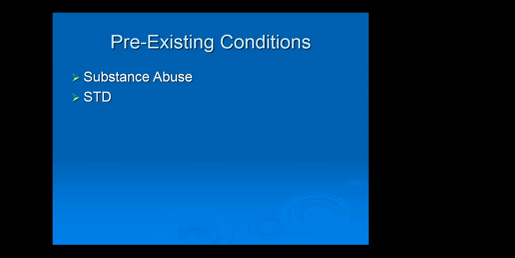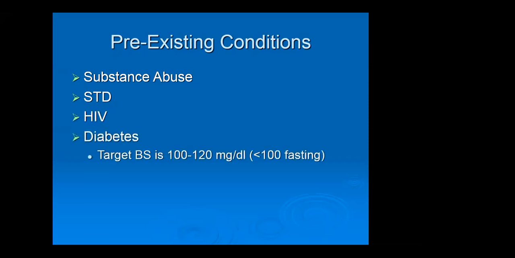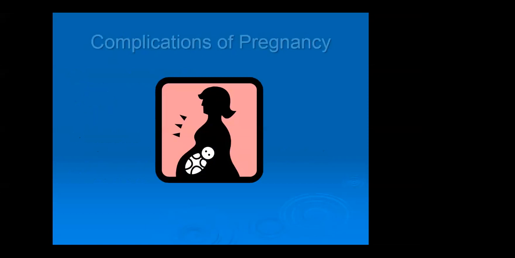And now that poses risk to both mom and baby. And of course, STDs, HIV, diabetes, sickle cell, a risk there of urosepsis, and we talked about yesterday how sepsis affects the body, especially in its progression if we don't intervene and try to stop that early.